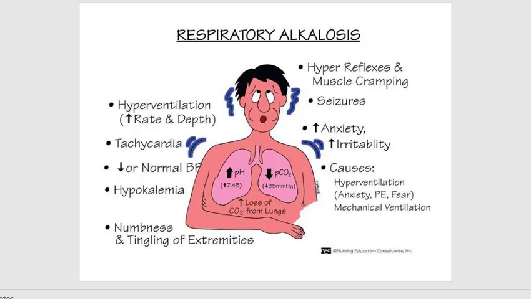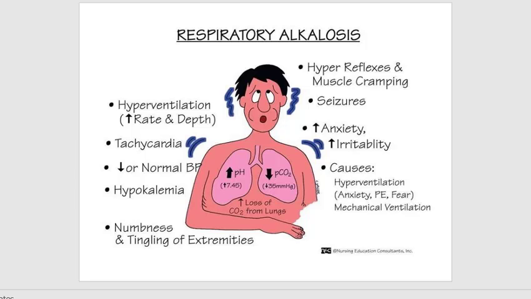Another way you can get alkalosis is mechanical ventilation. You're wondering, why would that be? We're having a machine breathe for them. It should be doing it perfectly. Yes, but remember, your whole body is constantly monitoring the acid and base level, your pH, and it tries to regulate it.